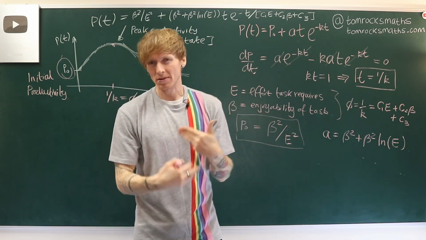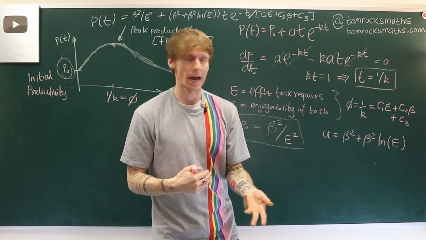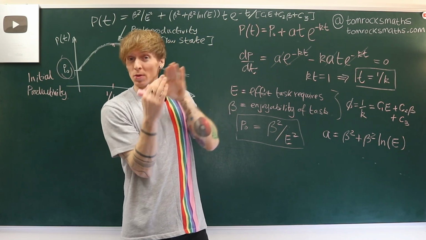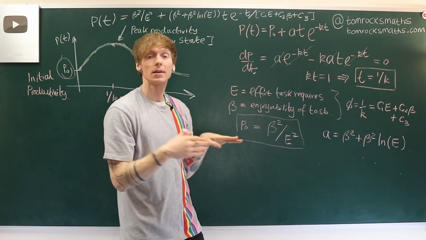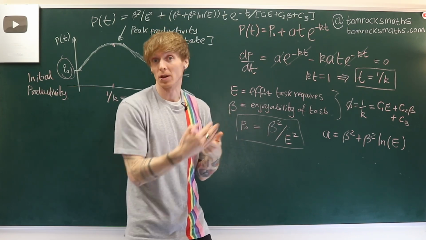So you rank them out of 10, but then they're actually scaled so that E is between 1 and 5 and beta is between 1 and 2. And the way you do this is with the following formula.